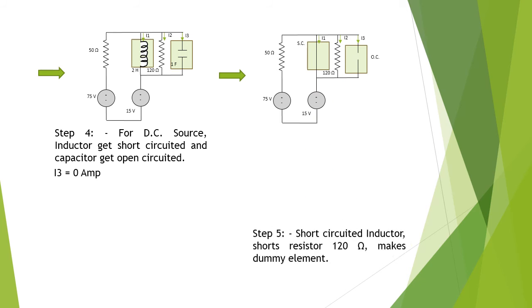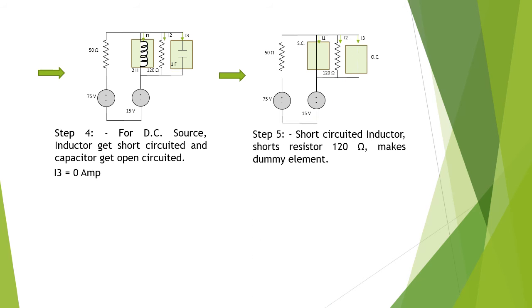Now step number 5. The short circuited inductor shorts the resistor of 120 ohm, which is exactly in parallel, and hence that 120 ohm resistor becomes a dummy element. The parallel combination of the short circuit terminal and 120 ohm is equal to 0.